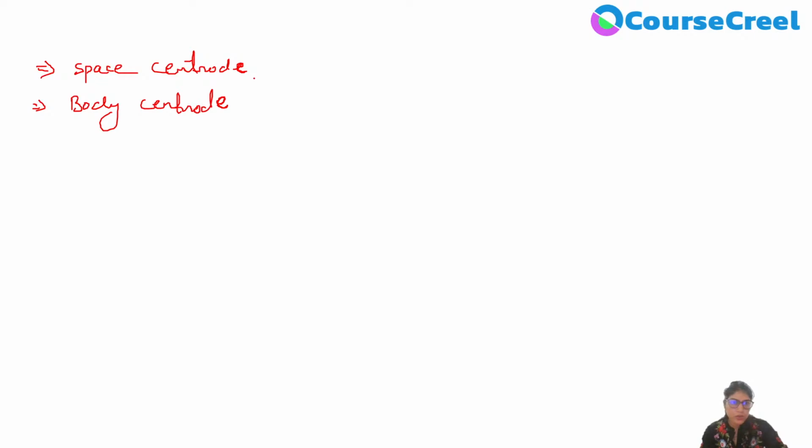Okay, so space centroid और body centroid जो है, space centroid क्या होता है? When our object is moving in a space, that center about which the object is moving in space is representing the space centroid. ओके, तो हमारा ऑब्जेक्ट अगर फ्रीली स्पेस में मूव कर रहा है, so that particular center about which that object is moving is called space centroid.